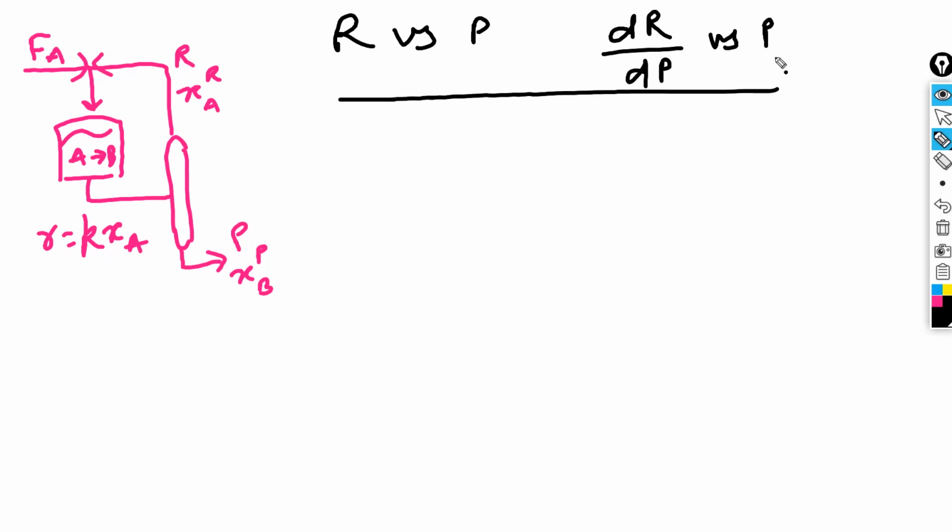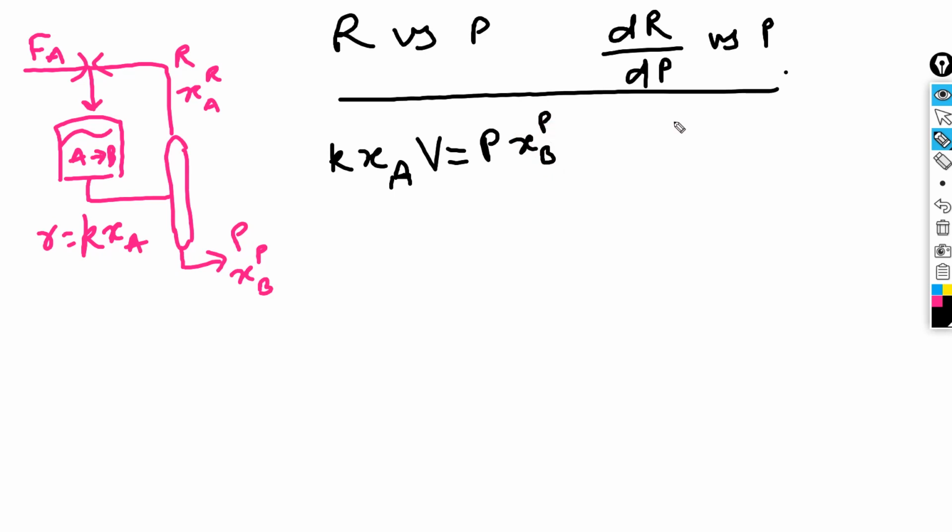If you look at the overall material balance, the amount of B generated in the reactor must be equal to the amount of B being withdrawn at the bottom of the column. So we have the amount of B generated in the reactor, that's KXAV. This must be equal to the bottoms rate P times the amount of B in it, that is XBP.